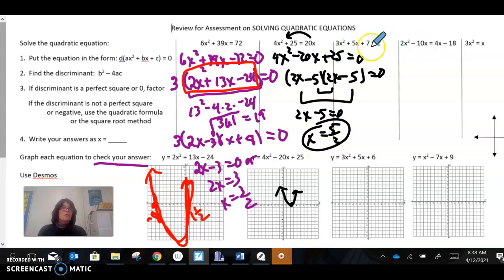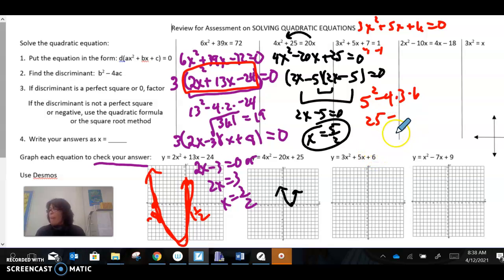This next one, 3x squared plus 5x plus 6 equals 0. I'm subtracting 1 from the 7. Let's see what b squared minus 4ac is. I get 25 minus 72.